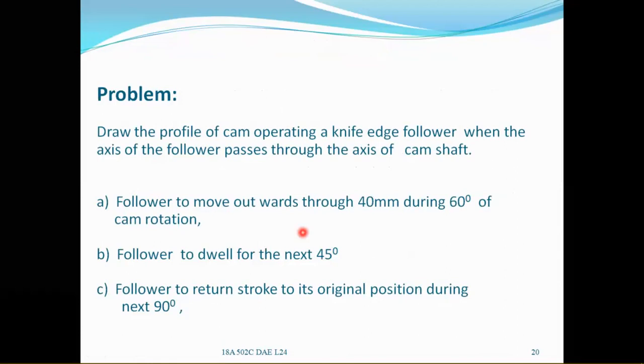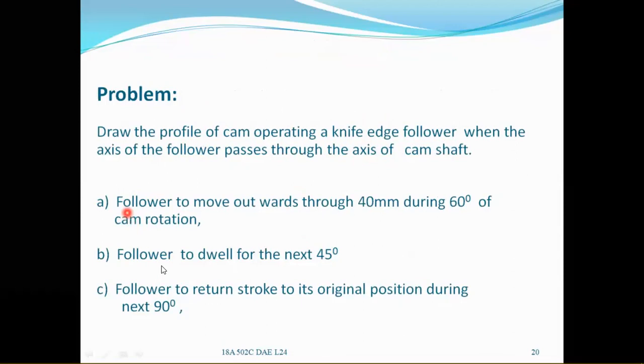It is the problem: draw the profile of a cam operating a knife edge follower. Here is the knife edge follower. When the axis of the follower passes through the axis of the camshaft, it is a radial cam, not an offset follower.